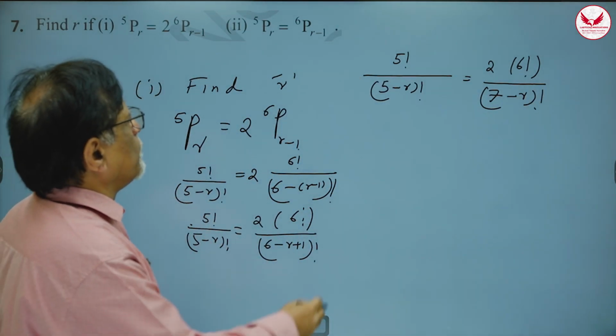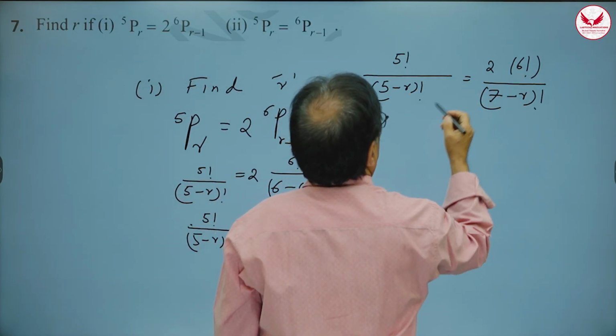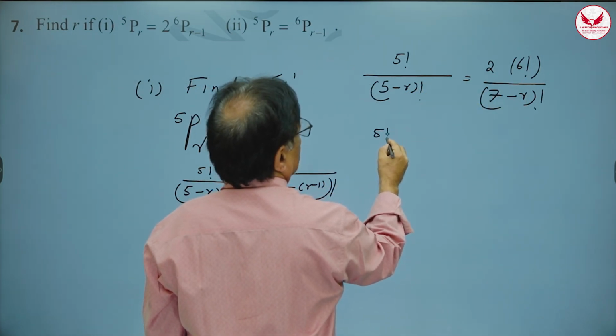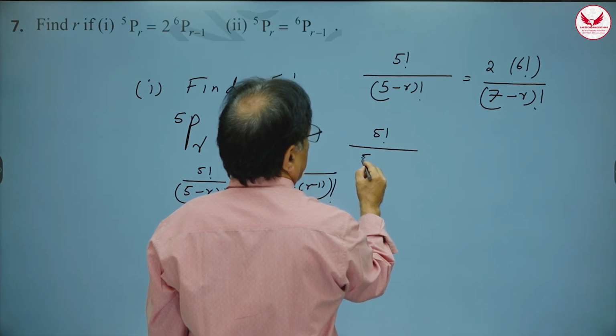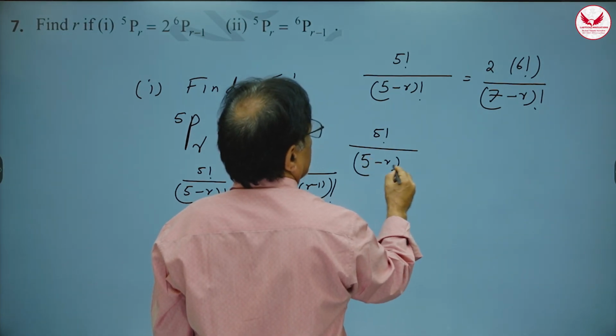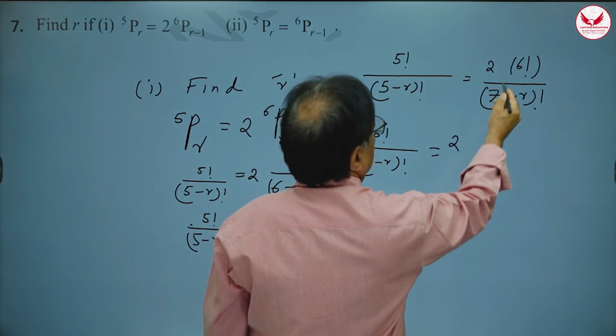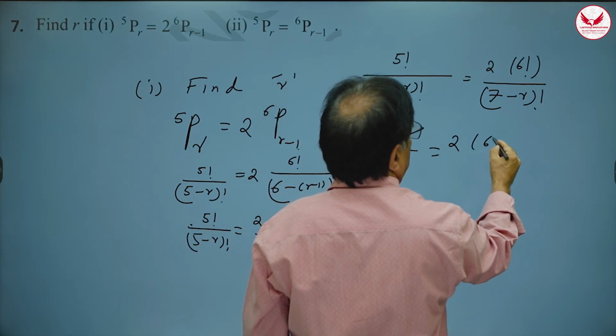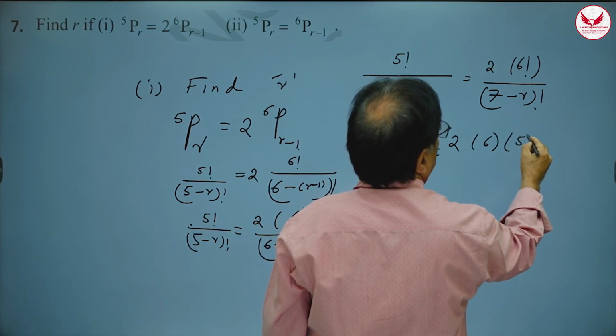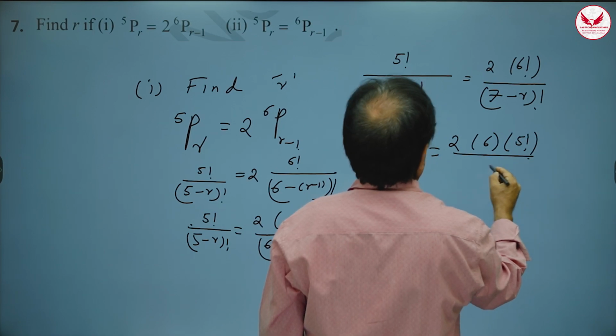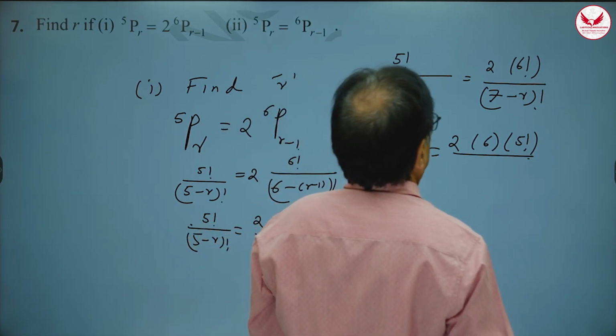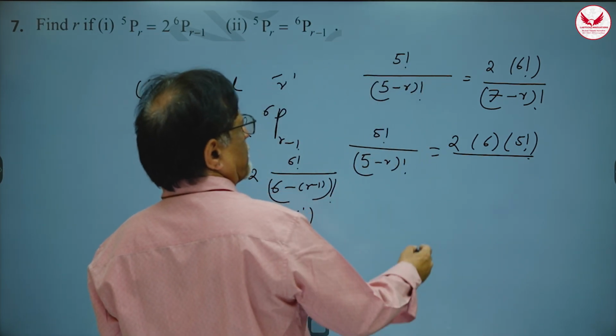Now you know I can write 6 factorial as what? So I'll do it like this. 5 factorial divided by (5-r) factorial, and 6 factorial can be written as 6 multiplied by 5 factorial, right? Divided by (7-r) factorial.